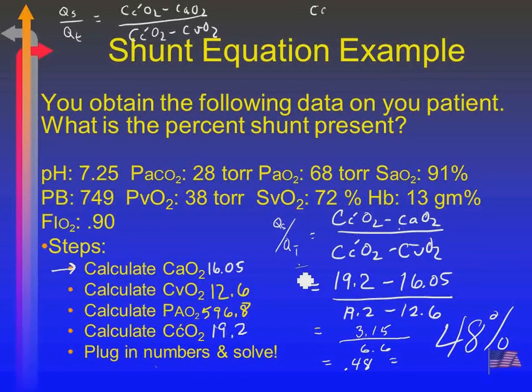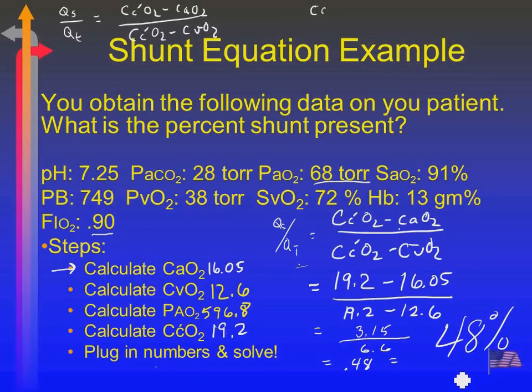So they kind of all go together. They all kind of point in the same direction, and I got a lousy situation here. But heck, I could just look at that saying I got a PO2 of 68 with an FiO2 of 90%. Not good. Okay. Well, yeah, I got 48% of the blood not coming in contact with an alveolus. It's going to lead to some real big time problems.